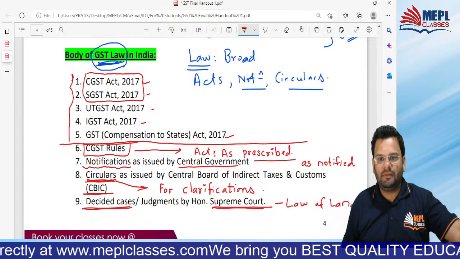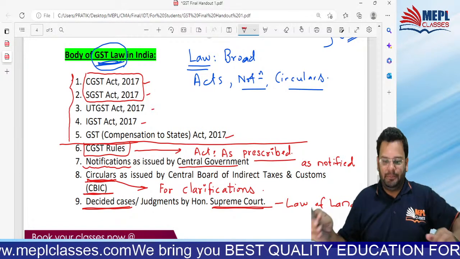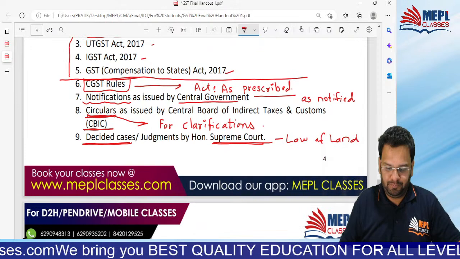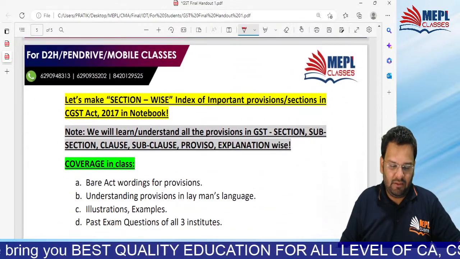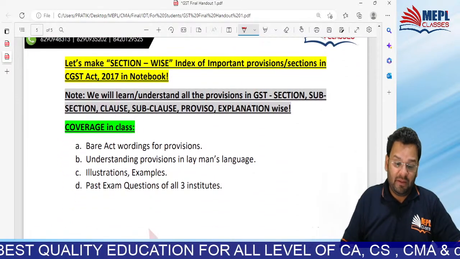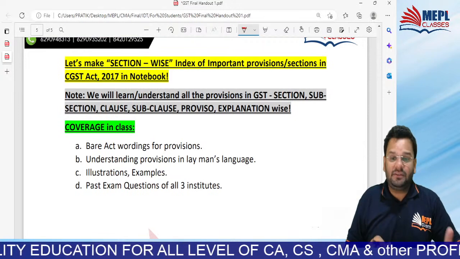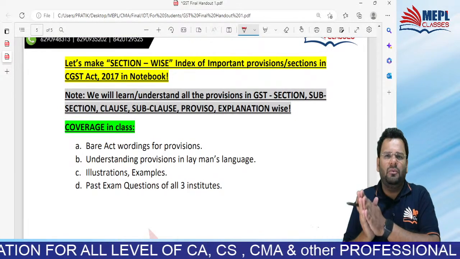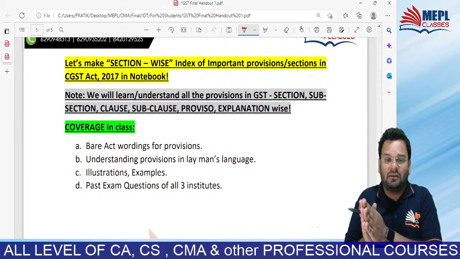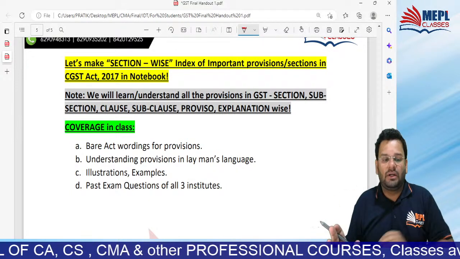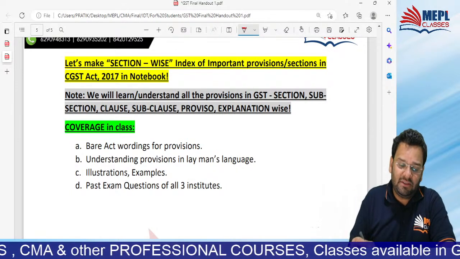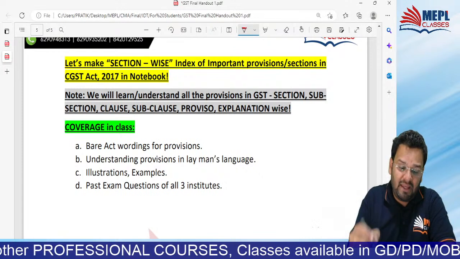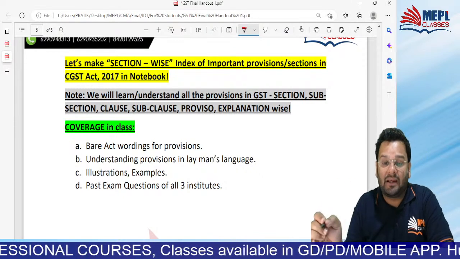Okay. So let's go ahead. What I believe is you should know the main act thoroughly to understand any law. So in this case of GST, the main act is CGST Act.